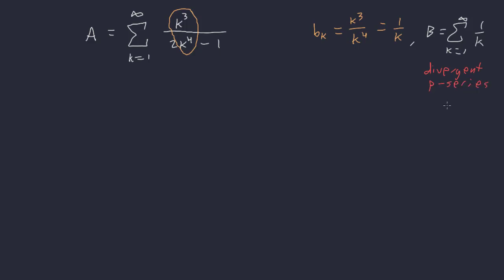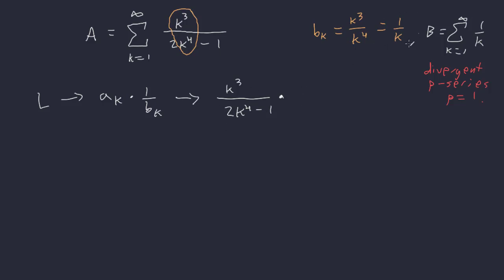Right, and this is where p equals 1. All right, so when we do our L, I'm not going to write all the limits this time. I'm just going to use arrows. Our L is going to be our A, k, times 1 over bk. So that's going to be k cubed over 2k to the 4th minus 1.